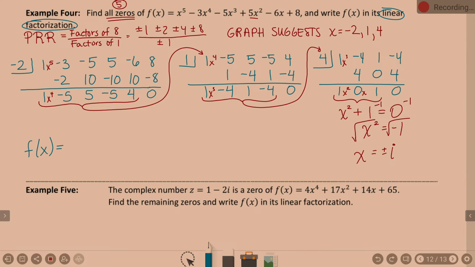If I go in order here, not that it matters, but -2 gives me the factor of x plus 2. 1 gives me a factor of x minus 1. 4 gives me a factor of x minus 4. I gives me a factor of x minus I. Negative I gives me a factor of x plus I.